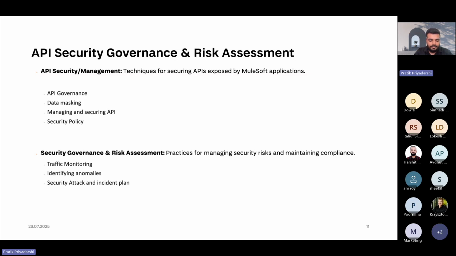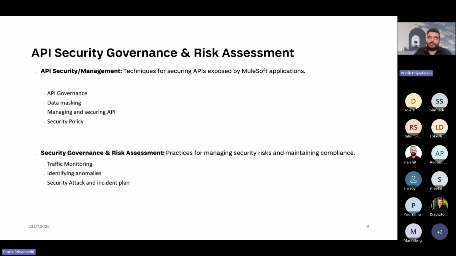In security governance, we check, is the traffic monitored for any kind of anomaly? Do we have alerts to the right team in real time? Is there an incident response plan if something goes wrong in terms of security? Do we perform some drill for that, like we do fire drills in our company?